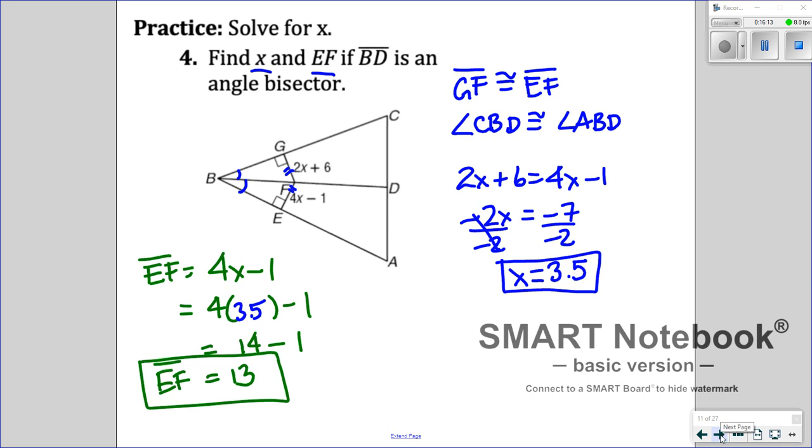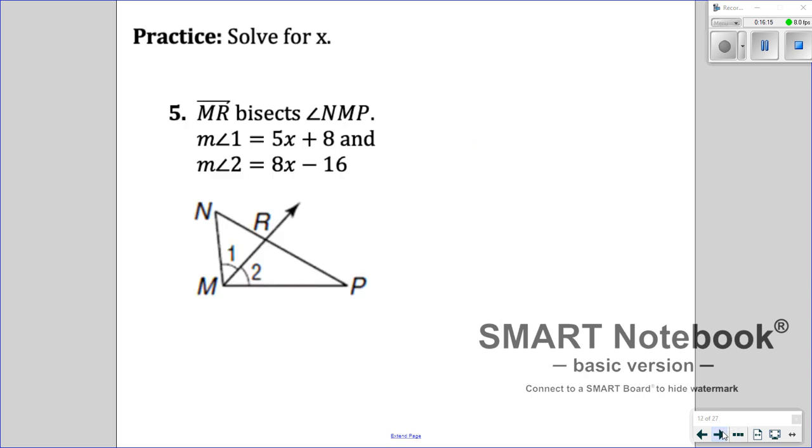Alright. So move on. For this one, the same thing. They're saying that MR is the angle bisector of NMP. Angle 1 is 5x plus 8, and angle 2 is 8x minus 16. Solve for x. This one, they're congruent.